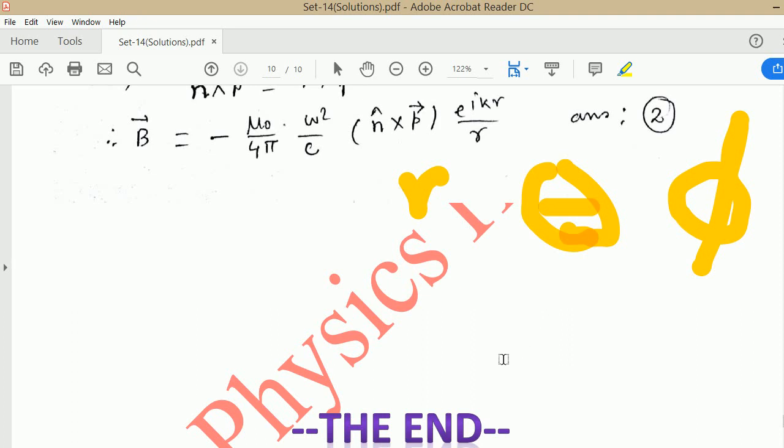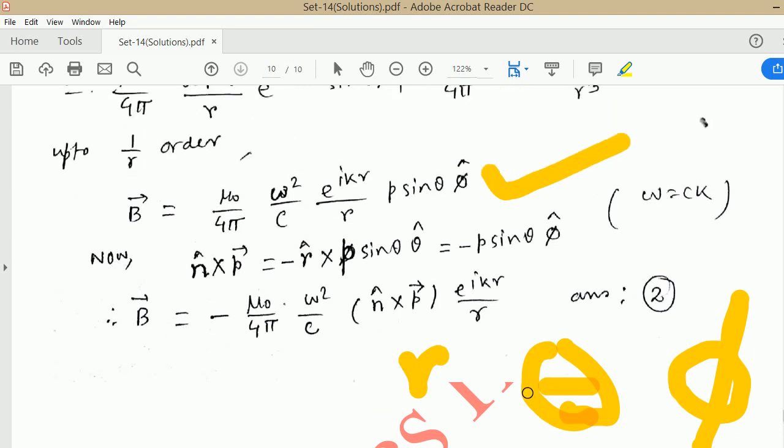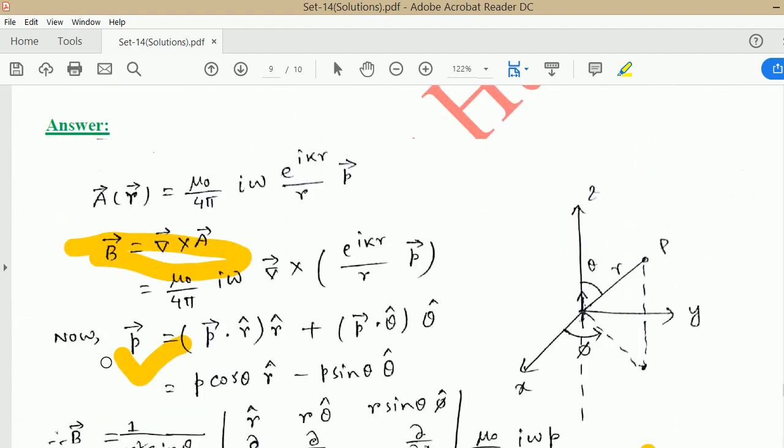It's just like that. So we get minus p sin theta phi cap equals n cross p, so we just replace it to match the option. So minus mu naught by 4 pi omega square by c into n cap cross p e to the power i k r by r, and fortunately it is matching with option 2.